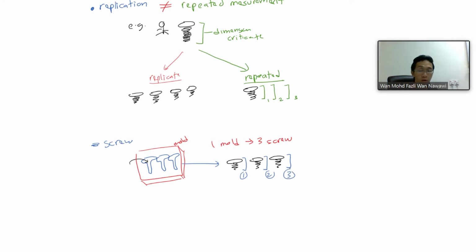Even though the screws are different, they come from the same mold, so this doesn't count as replicate. Many experiments happen like this. They make specimens from the mold, maybe 5 specimens from one mold, and use those 5 to get all the data.